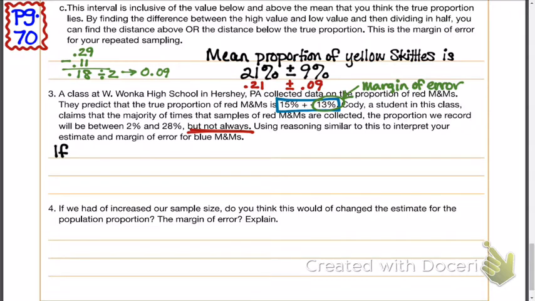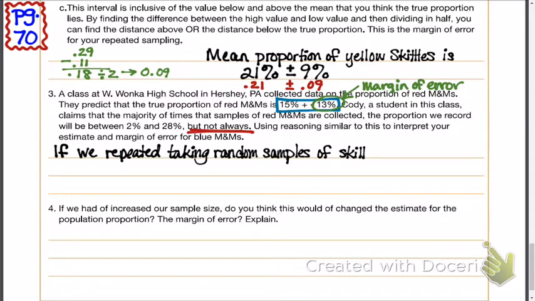So I'm going to say if we repeated taking samples of Skittles, the proportion that would be yellow would be between what and what?